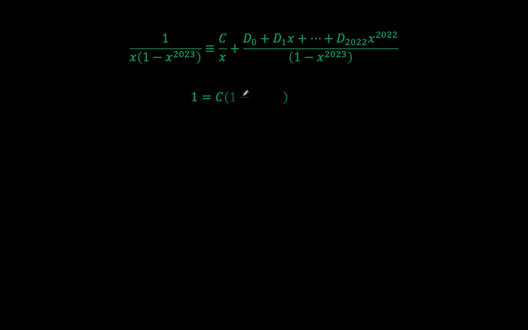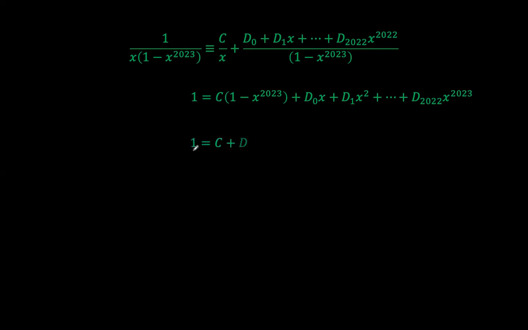Now, if we multiply both sides by the denominator on the left-hand side, then what we're left with is 1 equals c times 1 minus x to the power of 2023. And then obviously, since we're multiplying x across here, we have d0x, d1x squared, all the way up to d2022x to the power 2023.